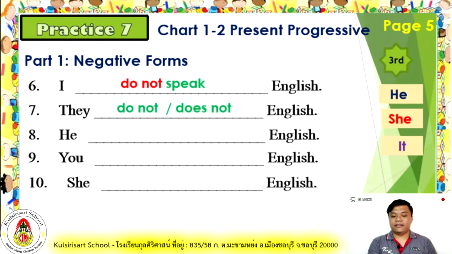Number 7, they. They is a plural pronoun. So we'll say, they do not speak English. They don't speak English. He is a third personal pronoun.